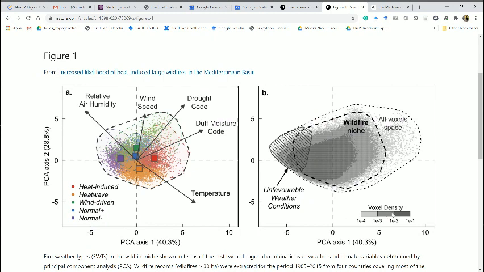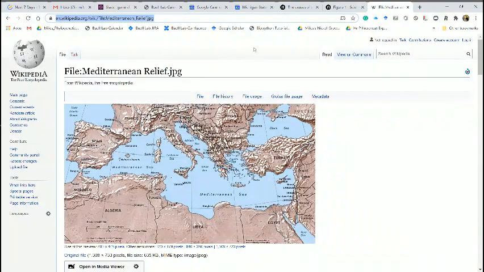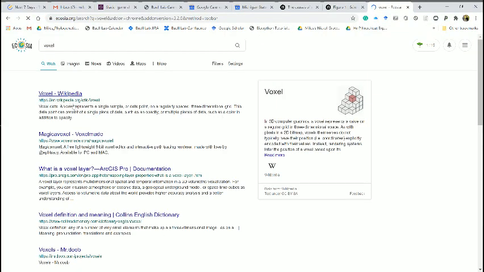Here they're showing the density of voxels. Let's see, what's a voxel? I've heard that term before. The thing of voxel is like some kind of 3-dimensional something or other. Man, I don't know. Let's see here. Okay, yeah, 3-dimensional grid. I vaguely knew what I was talking about.